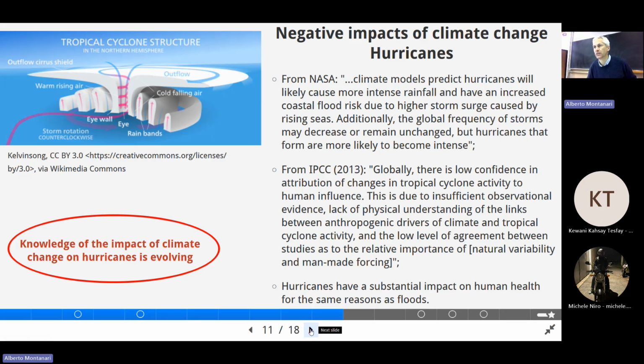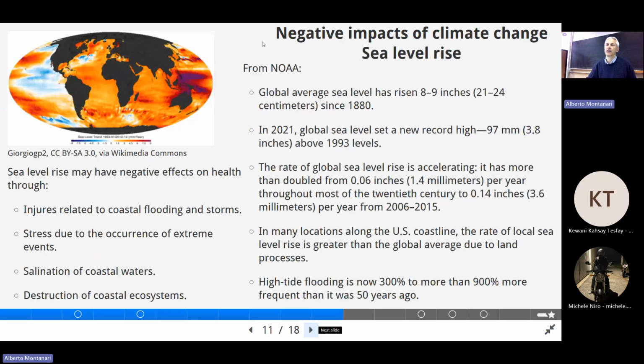Let's move forward to sea level rise. This is another important topic, and in particular the order of magnitude is important. Remember it, because I think I already mentioned this. Sometimes there is a trend to exaggerate the magnitude. So, what is the sea level rise that we have experienced since we started measuring it?